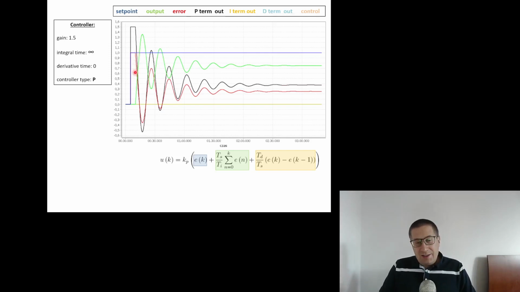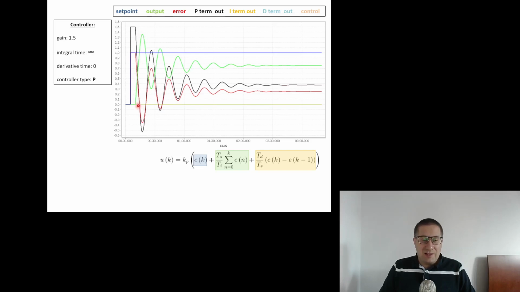On the other hand, the error is decreasing. So when the error is decreasing, the control signal is also decreasing proportionally to the error. This is this black signal, right? So the output stops increasing.